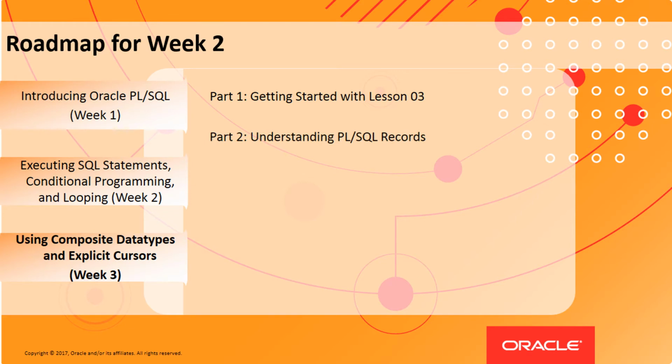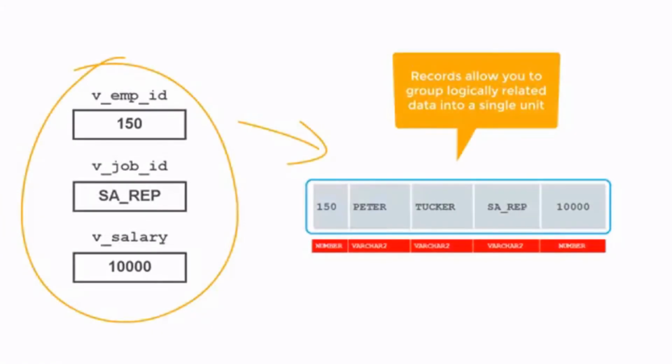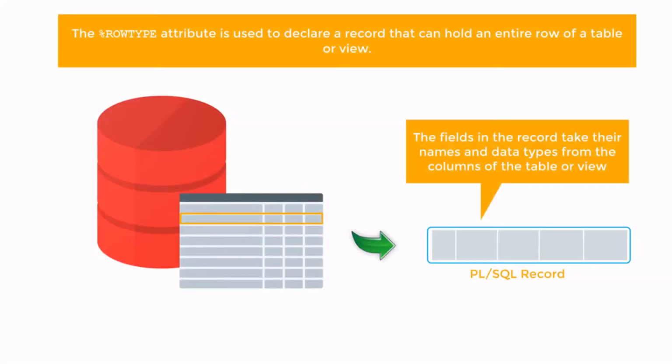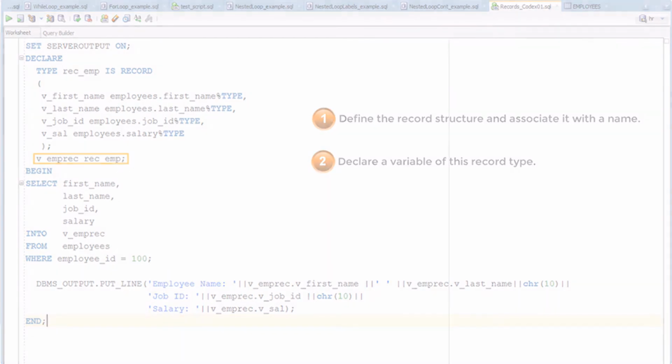The second video in week 3 explains what PL/SQL records are and how to define, declare, and use them in PL/SQL programs. This video also explains how to use the %ROWTYPE attribute with record variables. You will also have a demonstration of programs that use a PL/SQL record to insert and update data in the database tables.